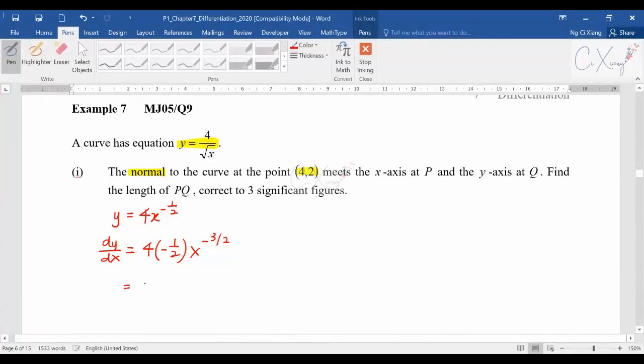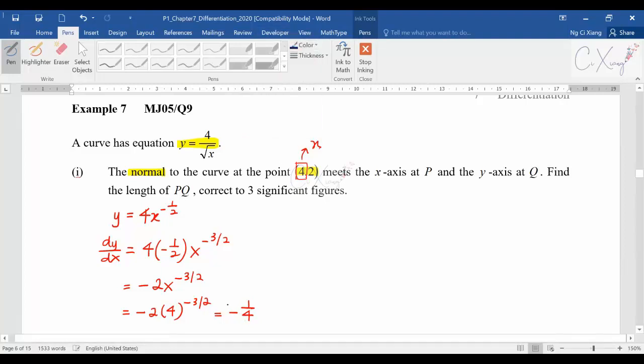If you simplify everything, you will have -2x^(-3/2). Then, since it is at the point (4, 2), that means 4 is your x and 2 is your y. So I will substitute x by 4, and you can press the calculator if you want, to get the value. You'll see that this is -1/4.